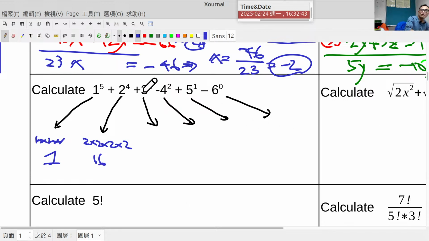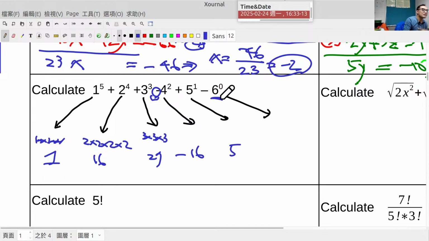And 3 cubed. 3 times 3 times 3, that is 27. Don't forget there is a minus symbol here. Square of 4, that is 16. Should be minus because minus is here. 5 to the power of 1, that is also 5.